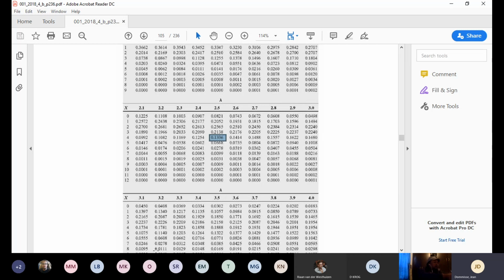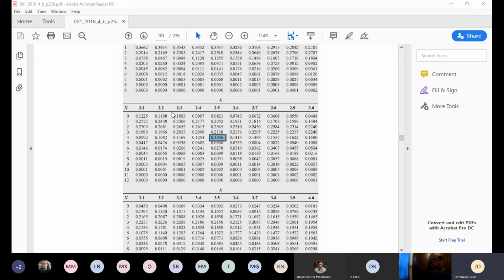Okay, so let's quickly check my options. My option for the first one is 0.2138. So that is not the answer.